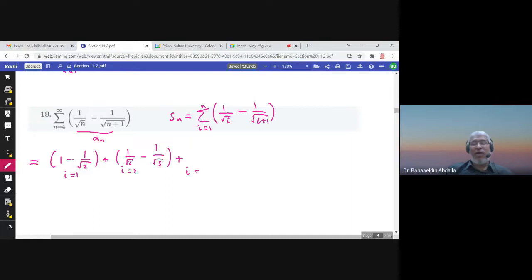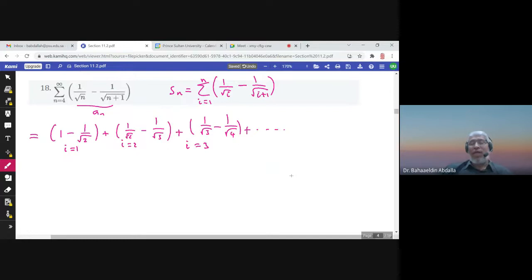Another term when i equals 3, 1 over square root of 3, minus 1 over square root of 4, and so on. The last terms when i equals n, square root of n plus 1, and here square root of n. This is when i equals n.